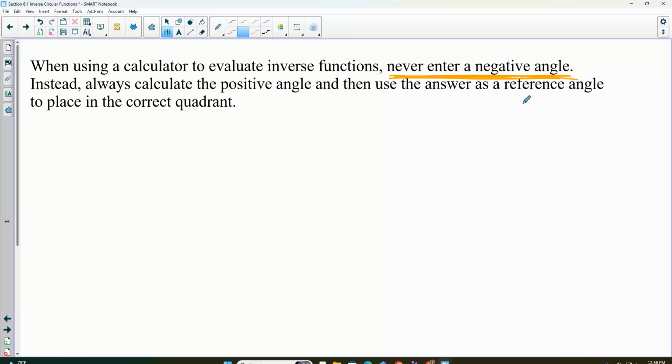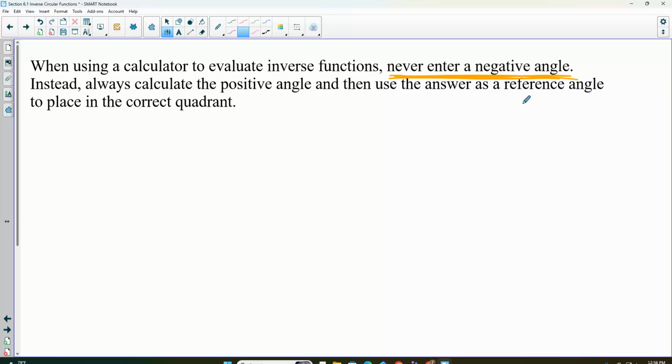No, we have to use tangent. But tangent inverse will give me an answer in quadrant 1 or 4, but if I'm looking for cotangent, I need 1 or 2. So if you try to use the calculator and you put in the negative, it will give you the wrong one. Rather than trying to remember when it's okay and when it's not, we're just going to find reference angles on our calculator and then place them in the correct quadrant.